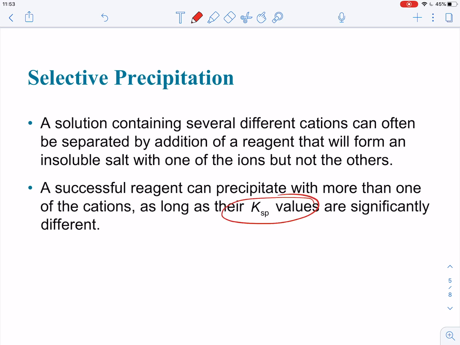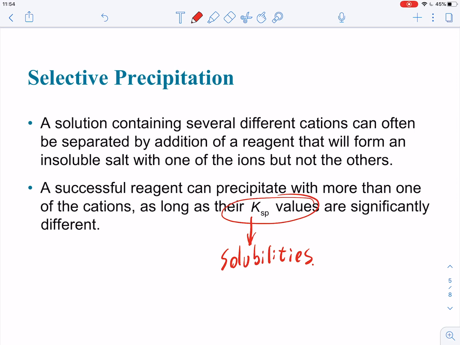But the real meaning behind this is that the solubilities have to be significantly different. The only thing is that the measure you have for solubility is the Ksp. You can calculate the molar solubility, of course, but the concept is that they have to be significantly different in solubility so that you can separate them.